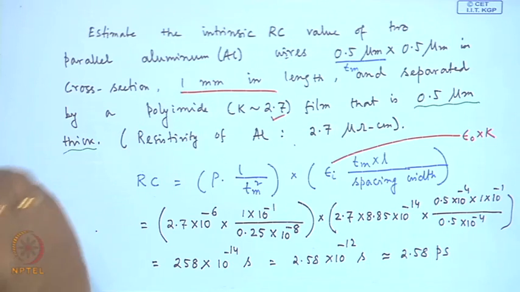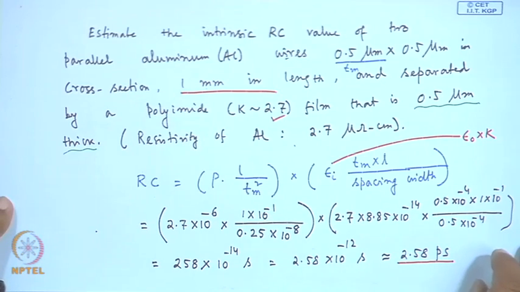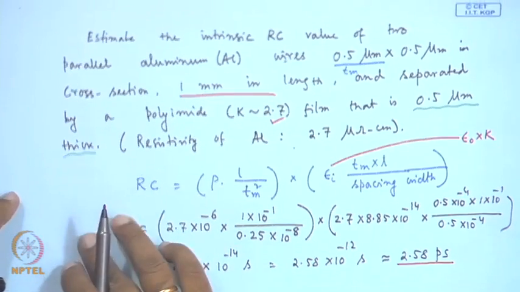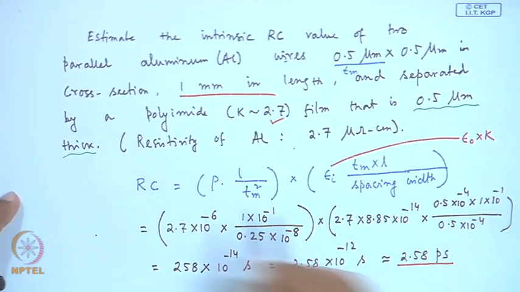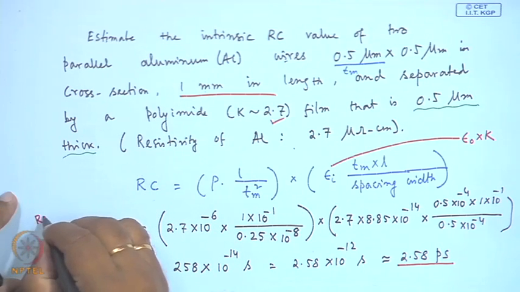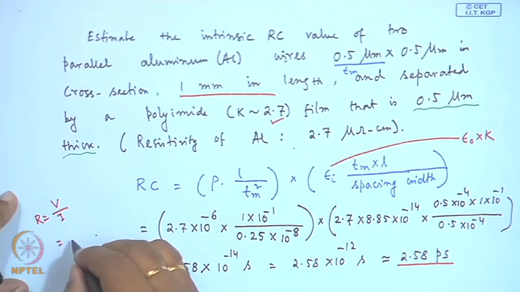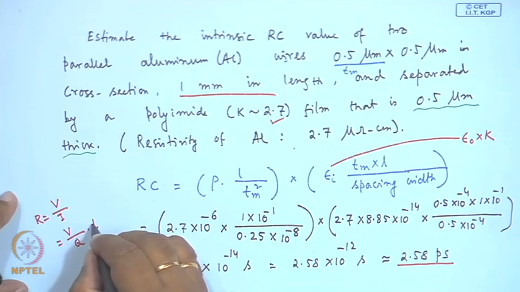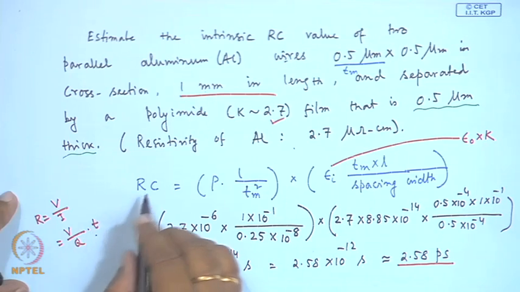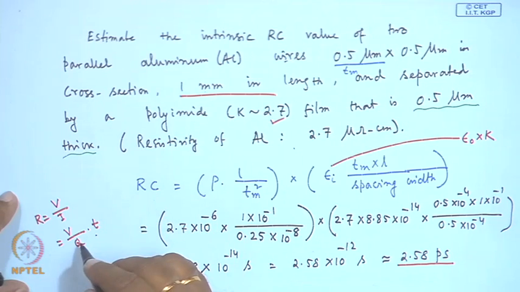So, we find that this is very small, 2.58 picosecond, and here we must say that the value of RC is basically the time dimension, because R is equal to V by I and this I is Q by T. So, V into T by Q, and then C is in farad, it is 1 by farad. So, that will be the second, or the time.